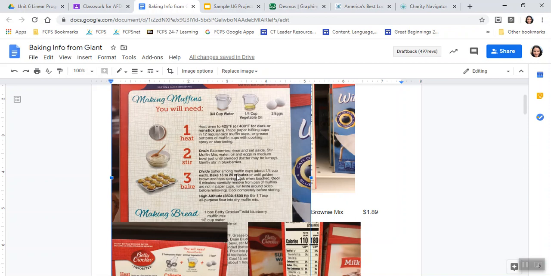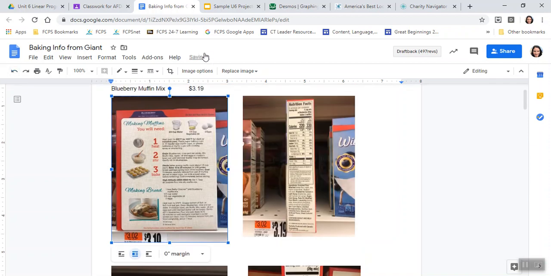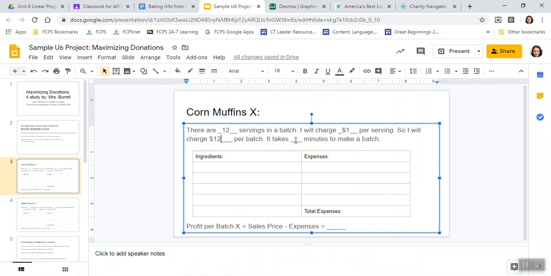So I'm going to say maybe 18 minutes for the baking. And then looking at all these steps here, I figure it's going to take maybe another 15 minutes to do all of these steps. So 15 plus 18 minutes for the baking. So that would be 33 minutes to make this. So it takes 33 minutes to make a batch.